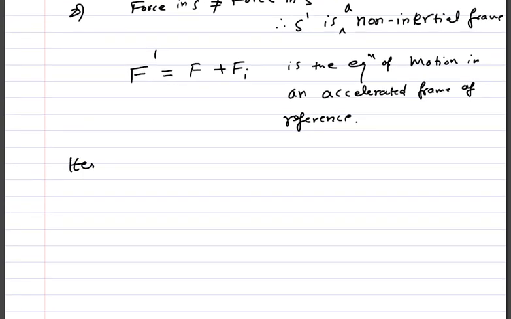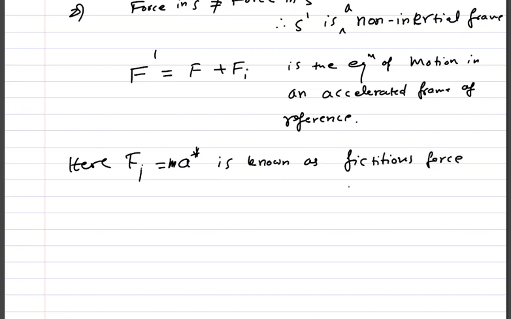Here, Fi is equal to minus m a star, known as fictitious force, or its other names are pseudo force, or also known as inertial force.